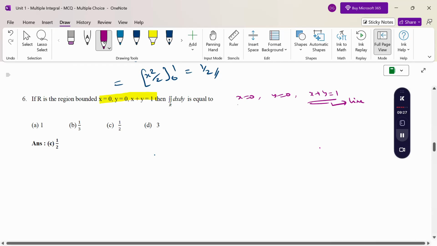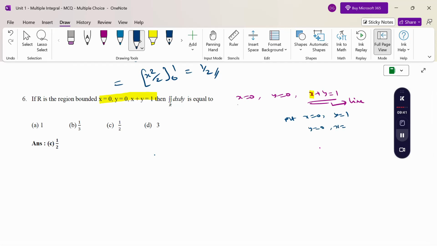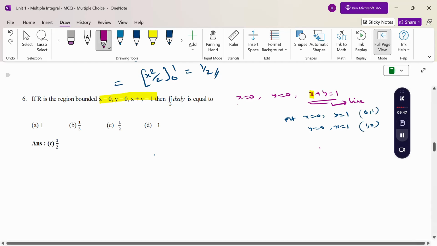Now give any value to x. If I put x 0, when I substitute here, then y equal to 1. Then when I give y 0, x equal to 1. It's enough for drawing the line. The coordinates are 0 comma 1 and 1 comma 0.